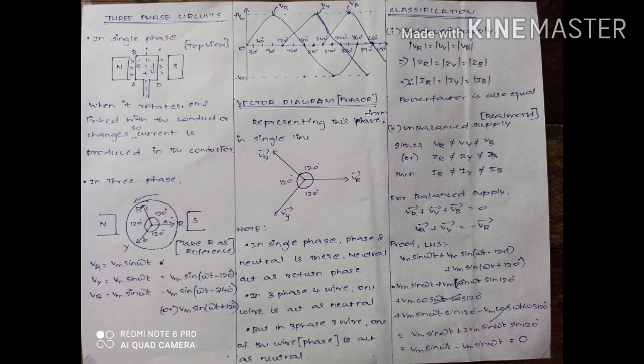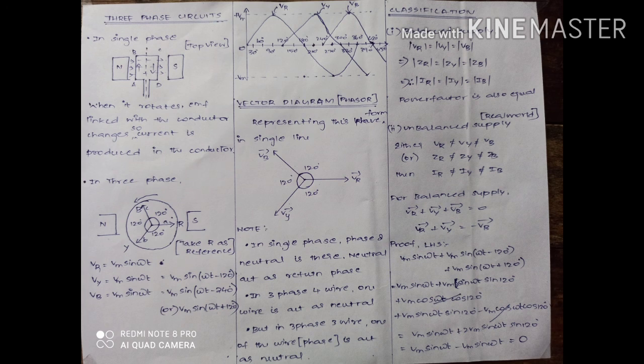Now we are going to prove that. The voltage induced in the R conductor is Vm sin omega t, in the Y conductor is Vm sin(omega t minus 120 degree), and in the B conductor is Vm sin(omega t plus 120 degree).